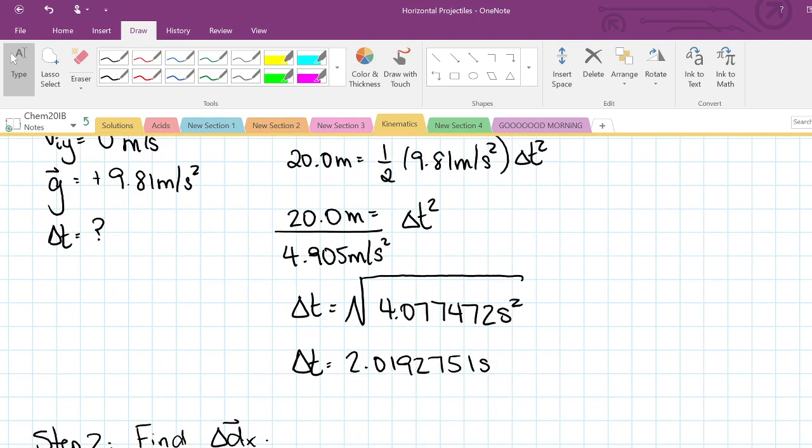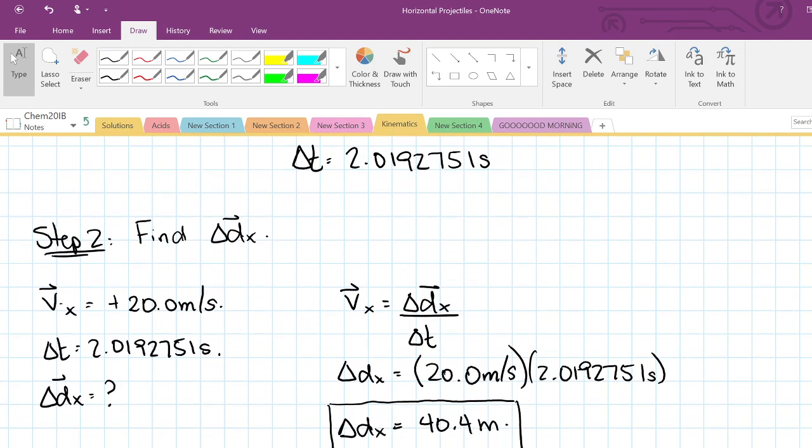So now I'm going to look at the x direction of this motion. And I know that in the x direction, this object is moving at positive 20.0 meters per second. Positive because I said right was positive. I just figured out that the object is falling for 2.0192751 seconds. And what I want to figure out is my displacement in the x.